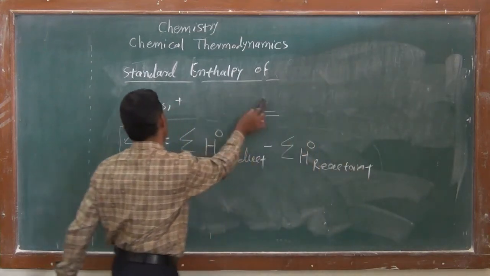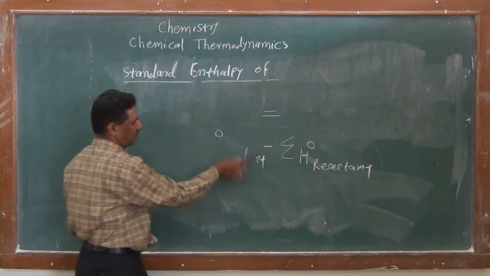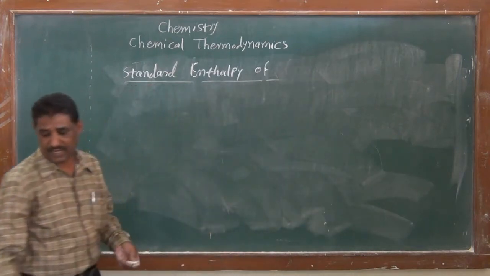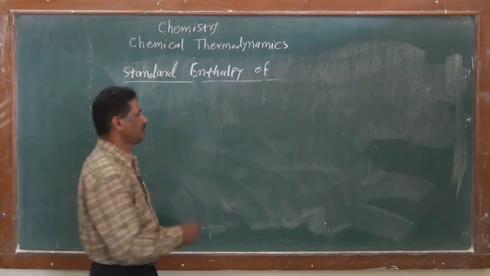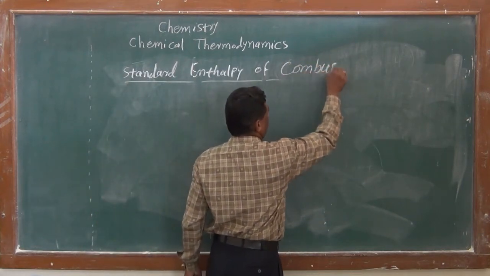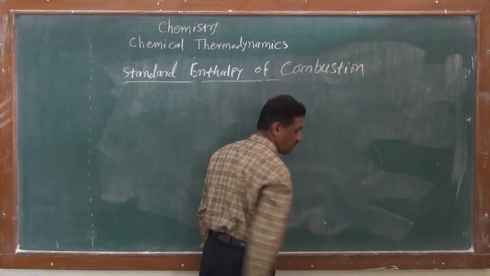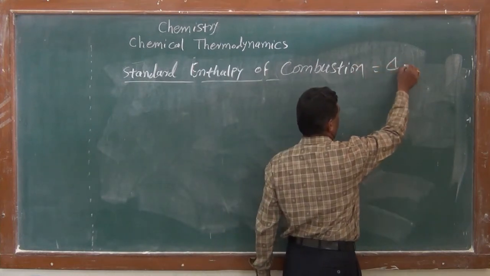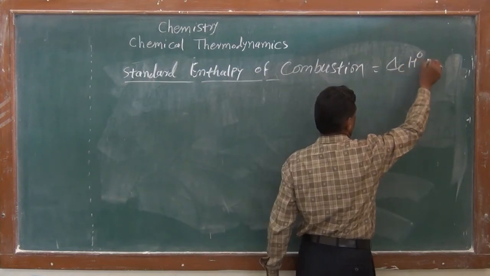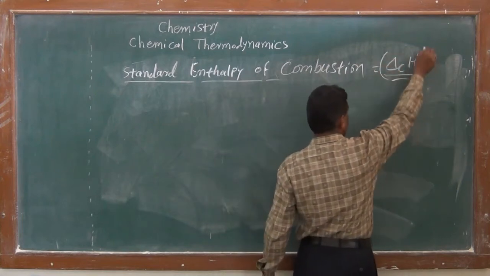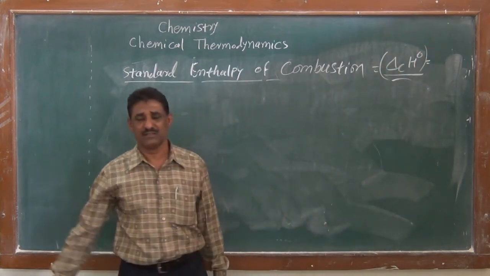Standard enthalpy of combustion is denoted by the letter delta CH0. This is the symbol of standard enthalpy of combustion.